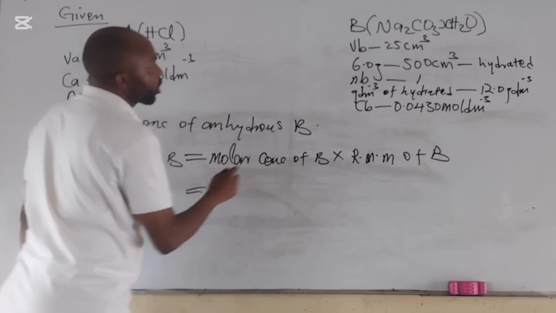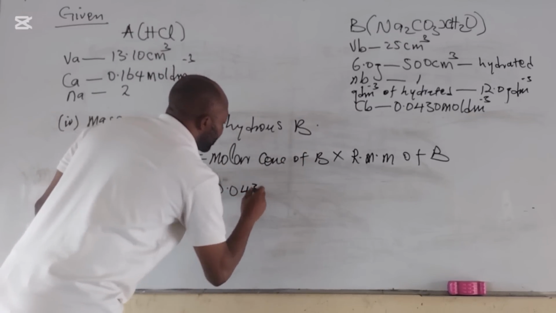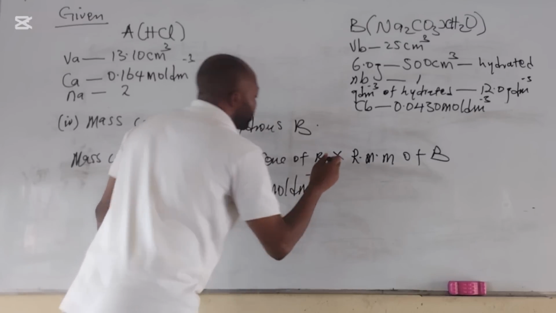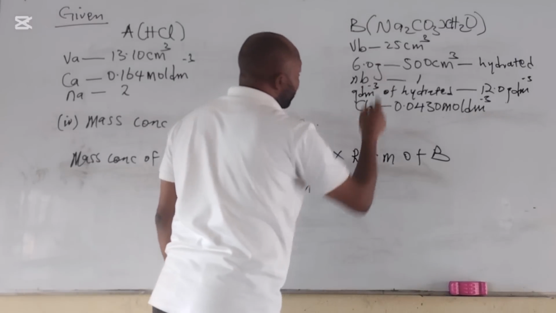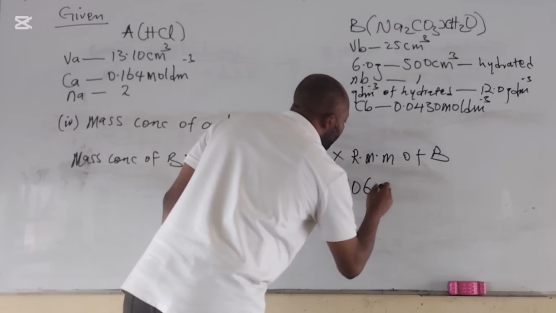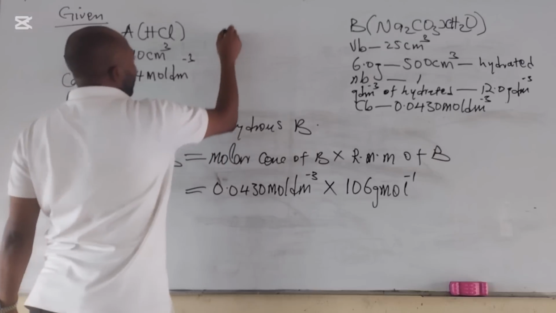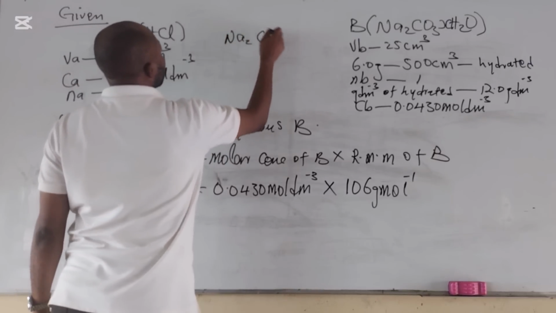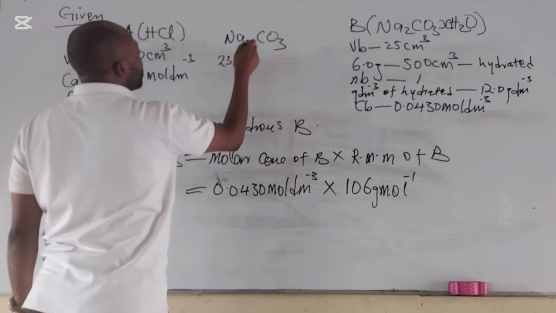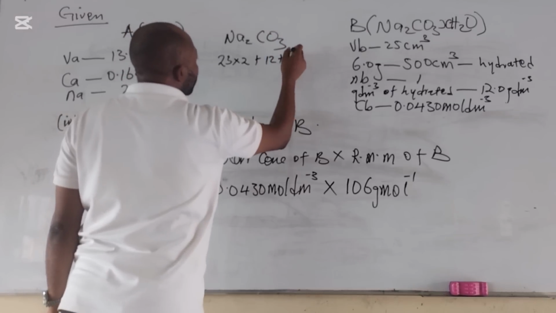So the molar count was 0.0430 mole per dm cube, times the relative molecular mass of sodium carbonate, which is about 106 g per mole. How do we get that? I can easily check that out. Here is 23 times 2, plus carbon is 12, plus oxygen is 16 times 3, which is 48.